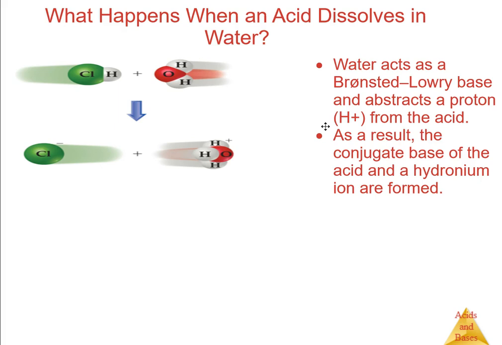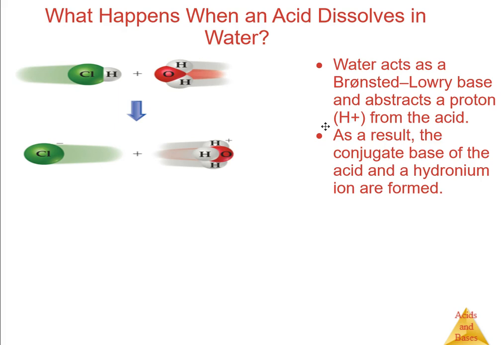The next two slides are pretty important. So if you don't get them, ask me a question. So it says, what happens when an acid dissolves in water? We kind of already described this, but water acts as a Bronsted-Lowry base and abstracts a proton from the acid.